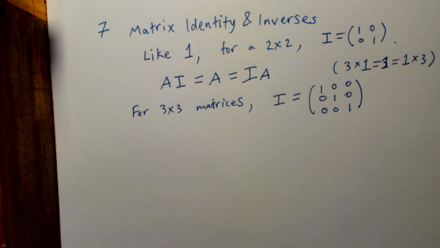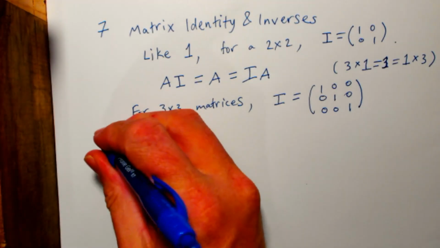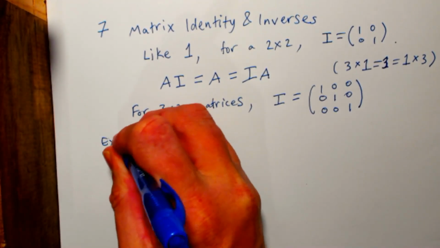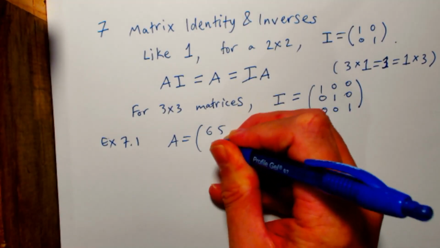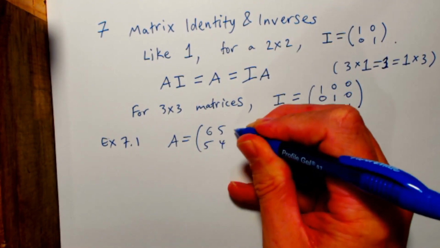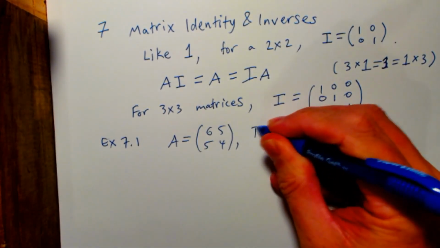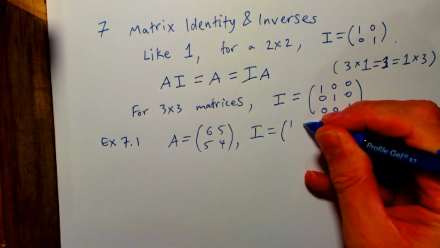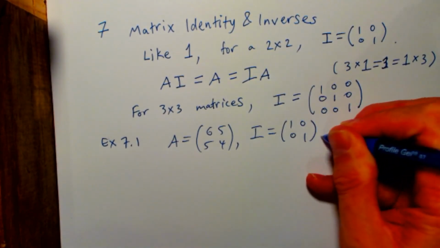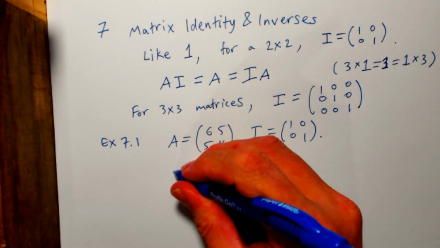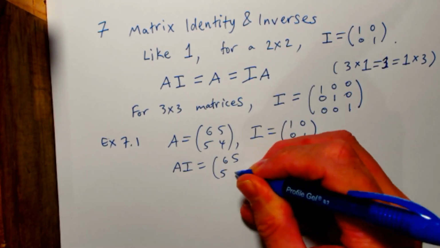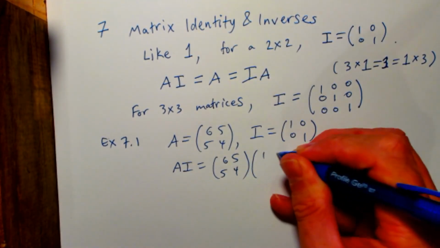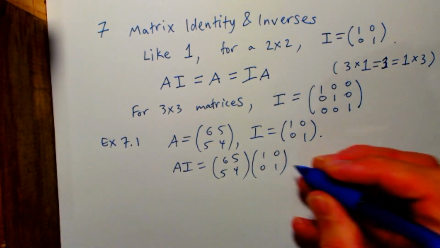Okay, so let's have a look at example 7.1. So we've got a matrix A equal to 6, 5, 5, 4, and I is the 2 by 2 identity matrix. Let's multiply A times I. So we've got 6, 5, 5, 4 times 1, 0, 0, 1.